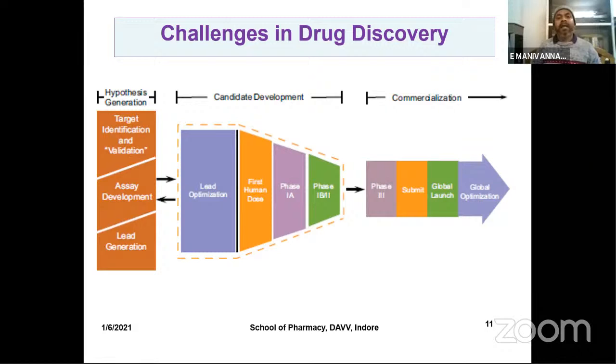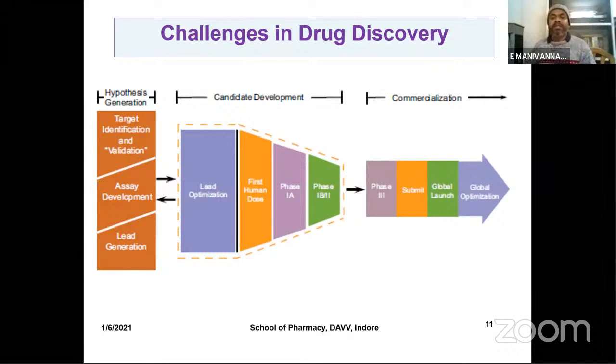Then the second part is candidate development. The lead compound is optimized, so lead optimization, and then preclinical studies, and then clinical trials, phase 1 and phase 2 clinical trials. So this part is drug candidate development.